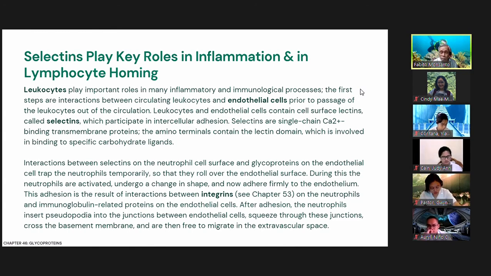Selectins are single chain calcium binding transmembrane proteins, and the terminal contains lectin domains, which are involved in binding to specific carbohydrate ligand sites.